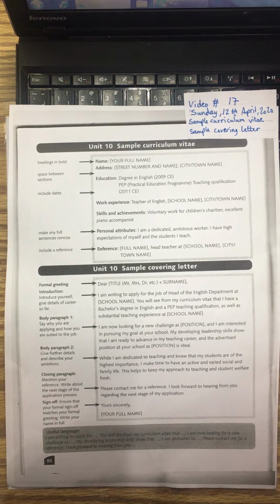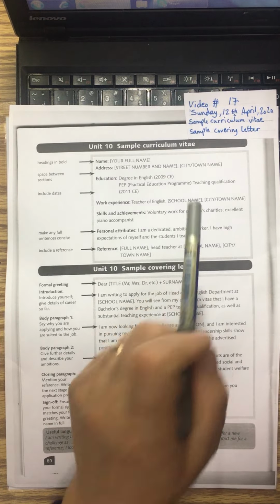Then work experience. You have to talk about your work, in what places you worked, the name, or in what companies, where, and so on. So this person is a teacher. So of course, she or he says teacher of English, and the name of the school, the previous school.